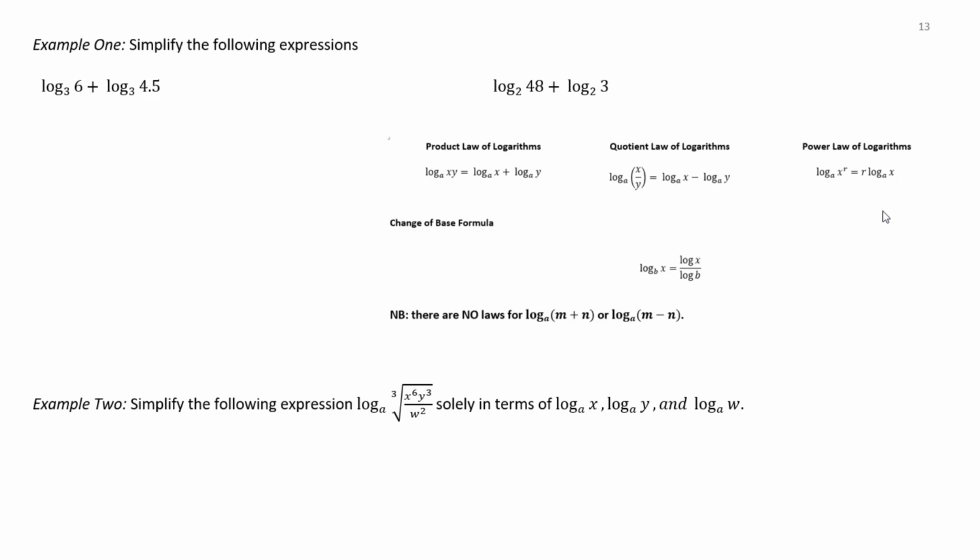Here are my logarithm laws, and I see log 6 base 3 plus log 4.5 base 3. That looks like it's going to be the product law, because I have two logarithms being added together with the same base, a base of 3. So I need to use the product law of logarithms for this question.